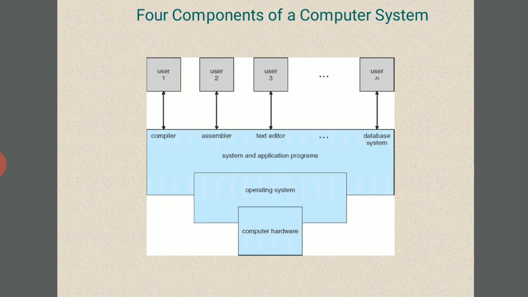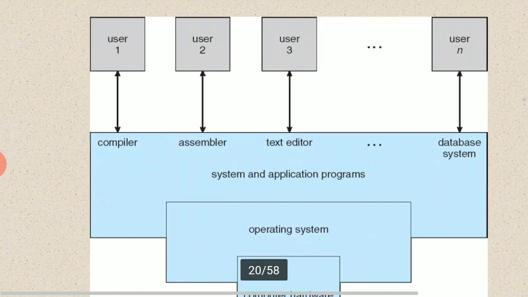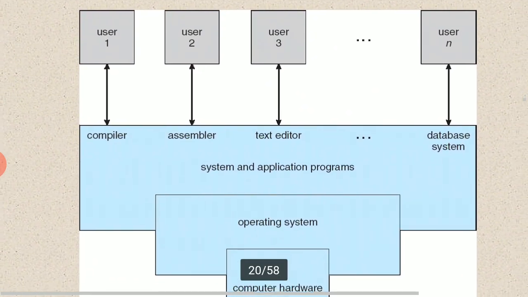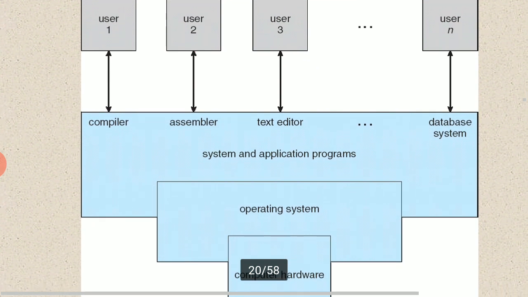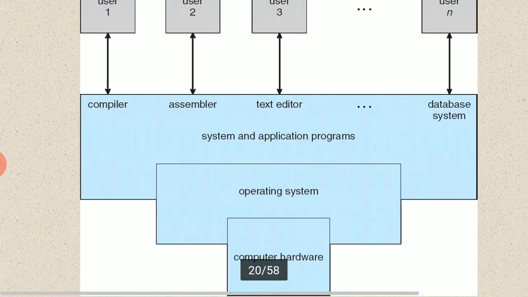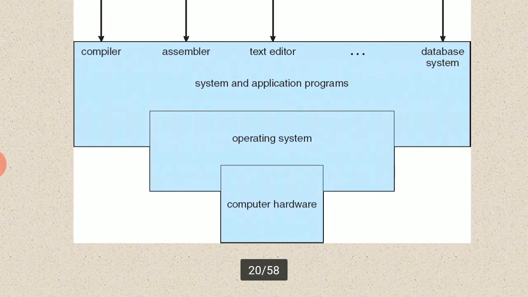Four components of computer systems. What are the four components here? User 1, user 2, user 3 and n number of users. Then compiler, assembler, text editors, database systems, the operating system and the computer hardware.